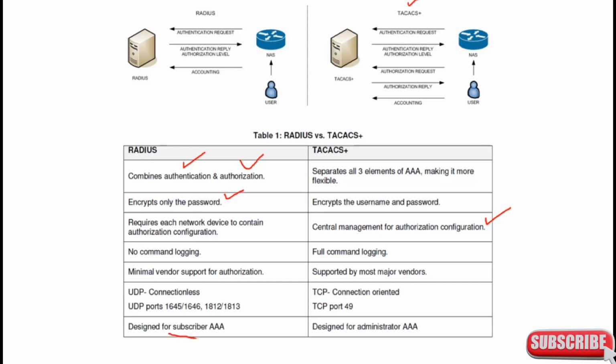Radius is designed for subscriber AAA, but here it is designed for administrator AAA. You don't have to actually remember the difference between Radius and TACACS. You just have to remember what AAA stands for, and on your exam you just have to remember the working of Radius and have an overview of TACACS. Just make sure that you understand the difference between these two terms.